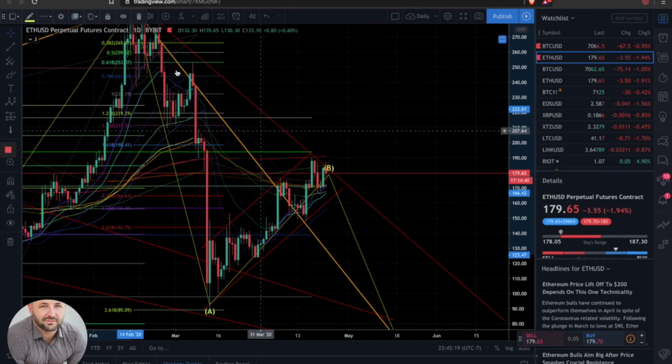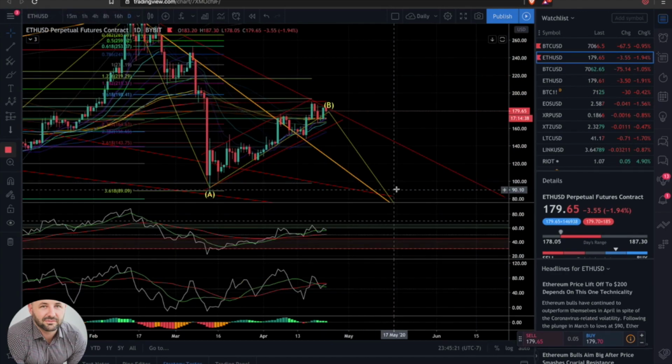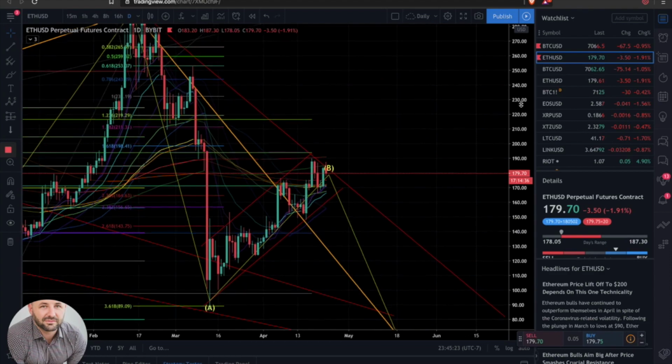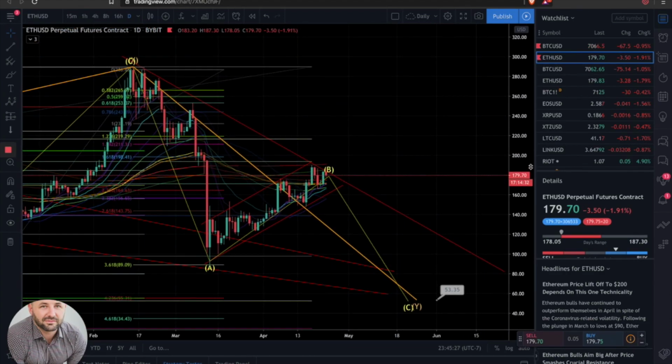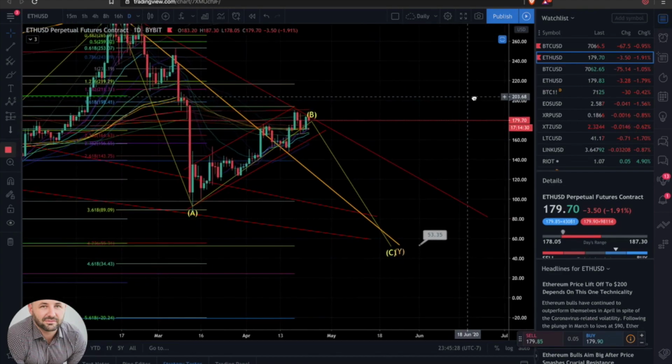We also have this trend line coming down, and we're getting to a decision point for ETH in regards to where we need to go. Like I said, I am looking for another leg down.